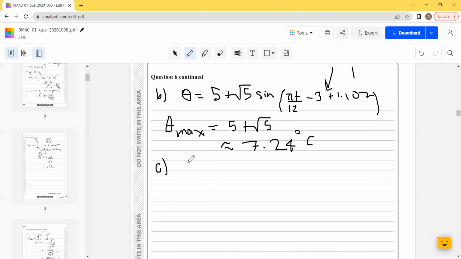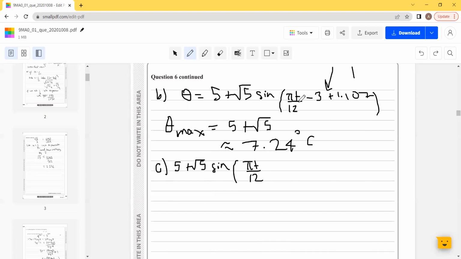So let's say that 5 plus root 5 sine pi t over 12 minus, now I'm just going to rewrite what's inside the brackets by simplifying it. So I'm just going to say 5 plus root 5 sine of pi t over 12.